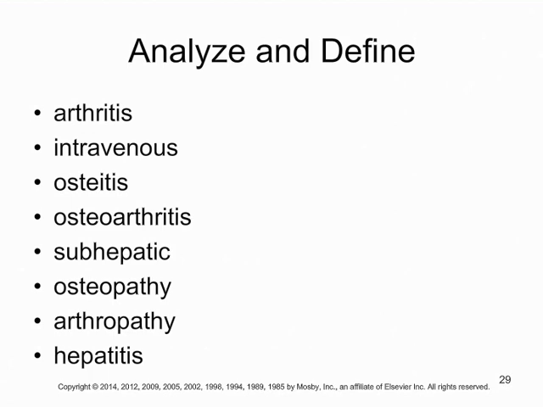But you want to first break up the word into parts. So for example, arthritis, maybe you would put a slash between the r and the i to separate arthr, the word root, from itis, the suffix. And once you've split it up, then go ahead and try to figure out what the definition is. So we start at the end, itis, and then go back to the beginning, arthr.